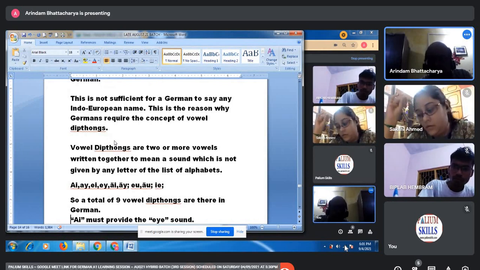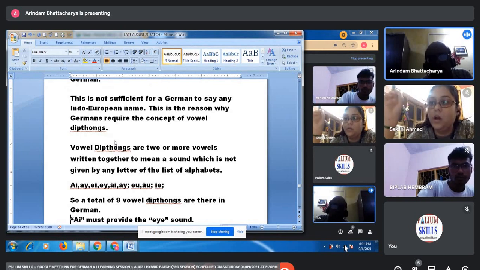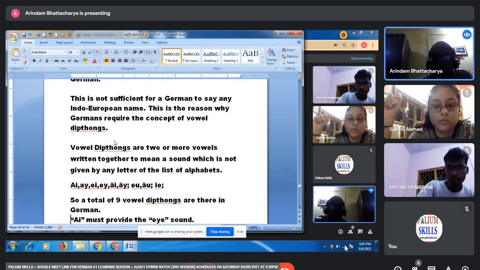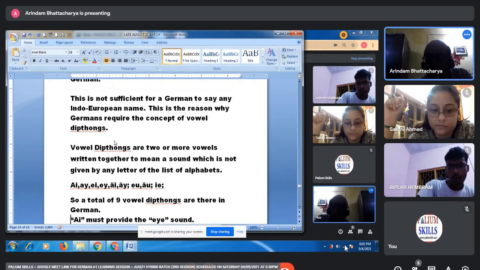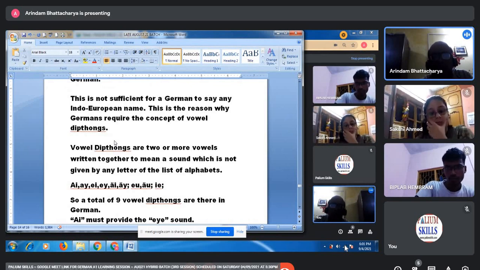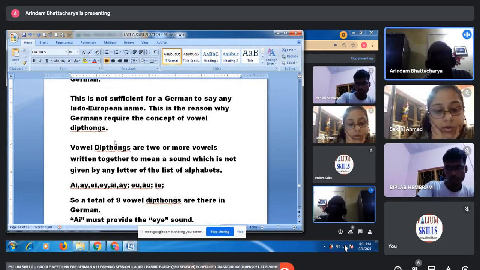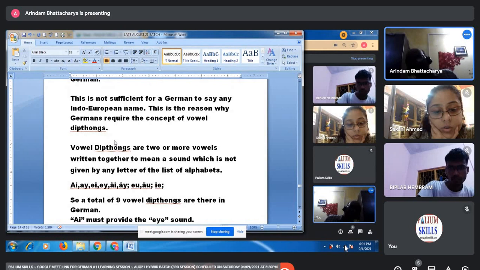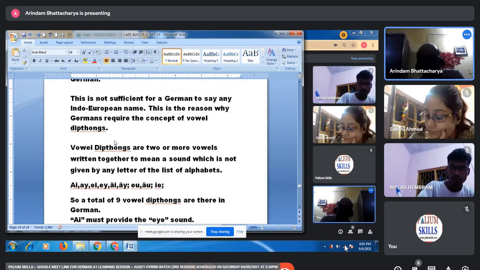Similarly, AY and A umlaut Y, AU and A umlaut U should be giving the same sounds. This is required. So we come to actually AE, AY, AU, and EA. So six diphthongs need to be discussed.